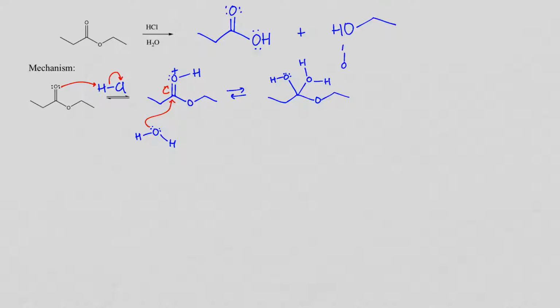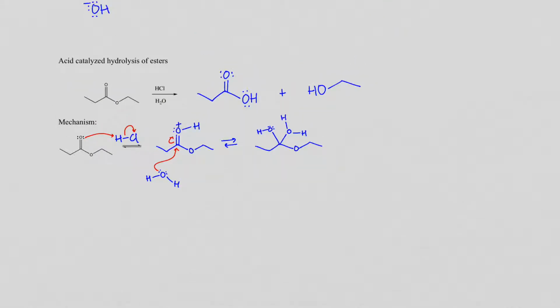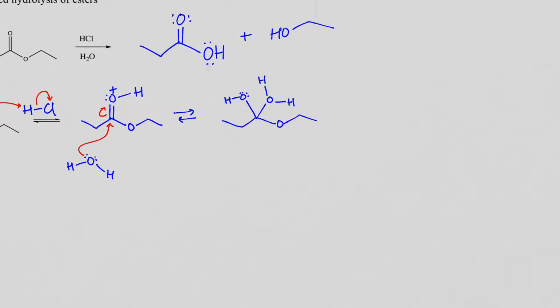So now more water is going to come in, and I'll draw that a little bit out of the way. Actually, we're gonna move this up a little bit. Cool. So now some water is going to come in and deprotonate.